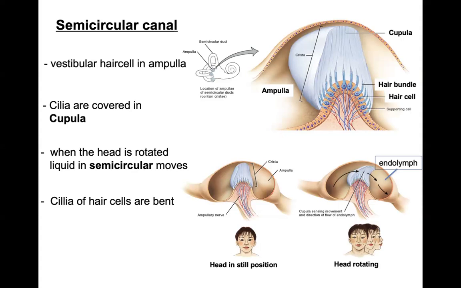Whenever you move your head or you rotate your head, the liquid inside the semicircular canal will move, right? The endolymph, more specifically, will move. And the movement of endolymph will bend these cupular structures. And the bending of the cupular structures will cause the cilia to bend, right? So the cilia of the hair cells are bent.